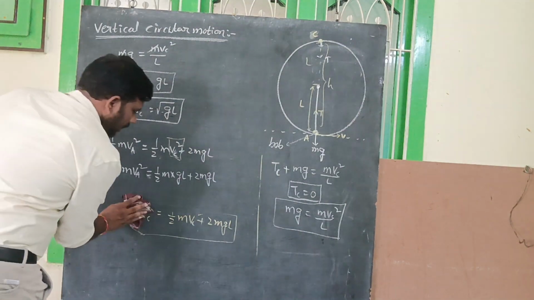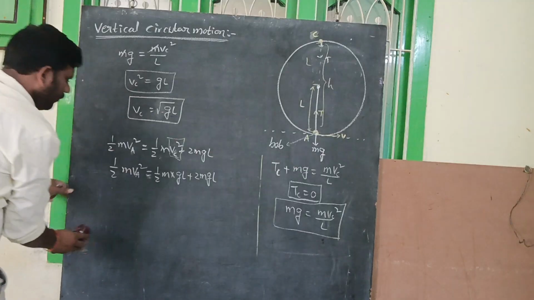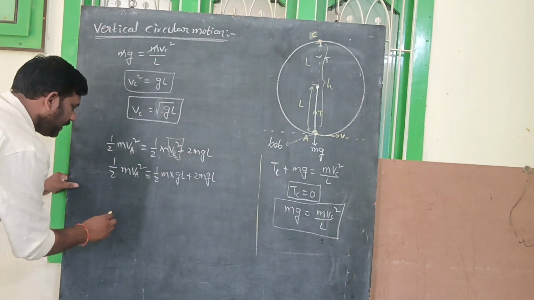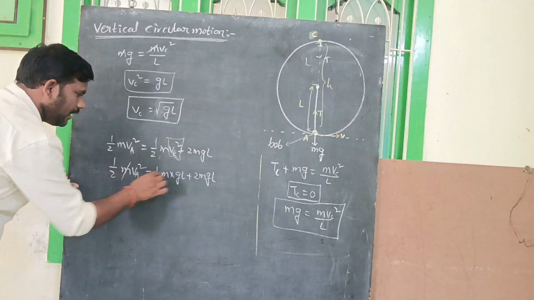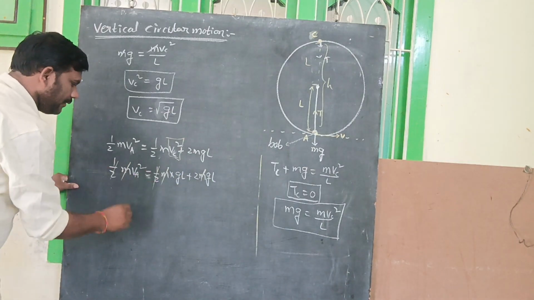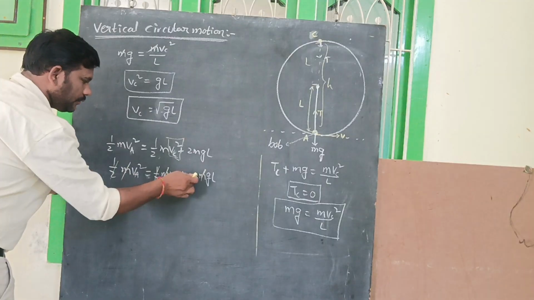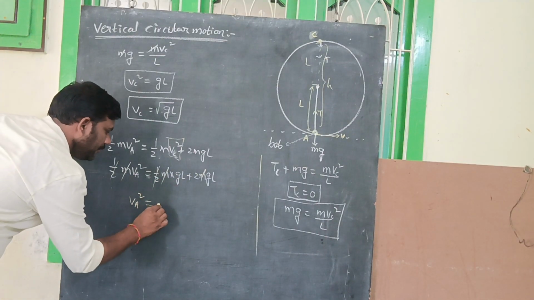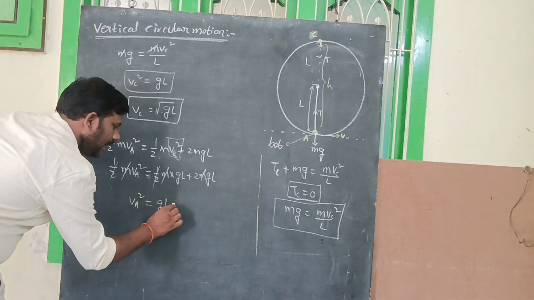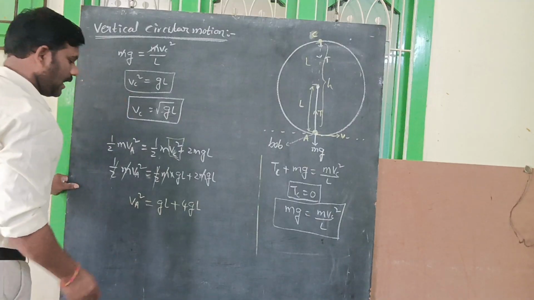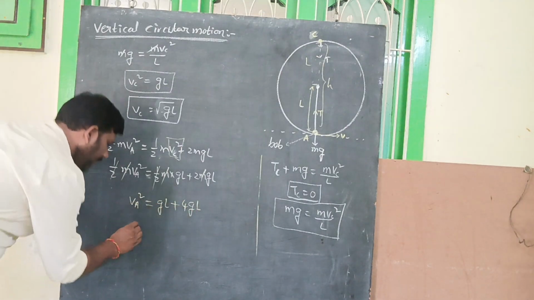Then we take the common term, half m. We remove the m and the half, and 2 into 2 is 4. So v_A square is equal to gL plus 4gL, that is 5gL.